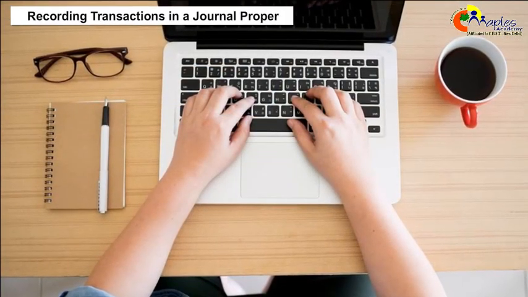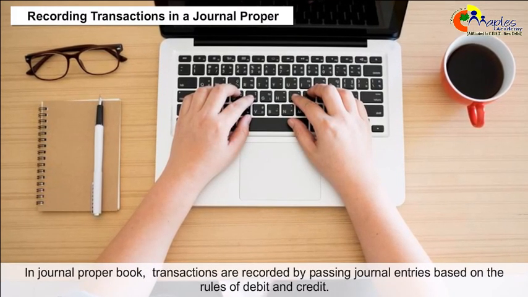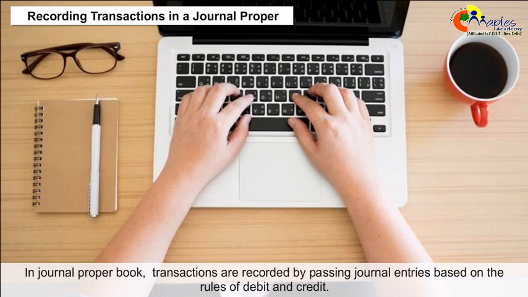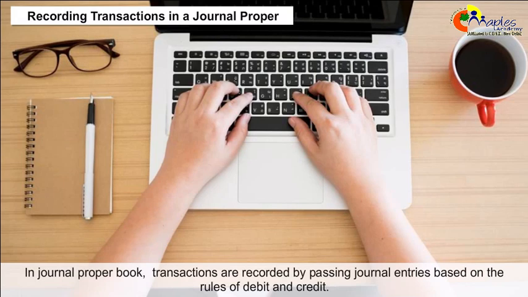Recording transactions in a journal proper. In journal proper book, transactions are recorded by passing journal entries based on the rules of debit and credit.